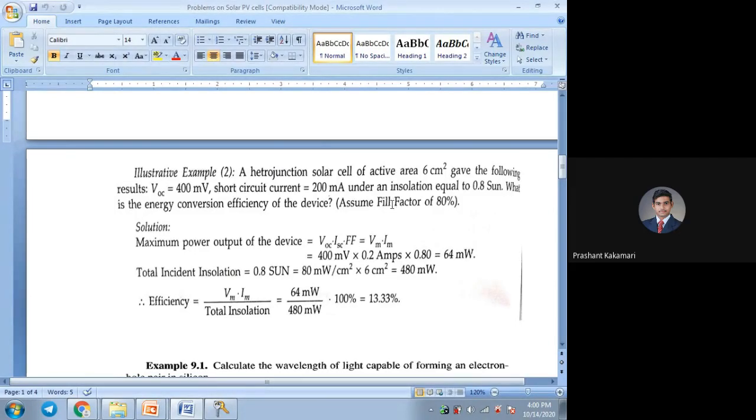The fill factor in the problem is 80%. So if you multiply all these three terms, you can write the answer as 64 milliwatts. So all of you check this 200 milliampere, whether you have to take it as 200 or 0.2 to get this 64 milliwatt.